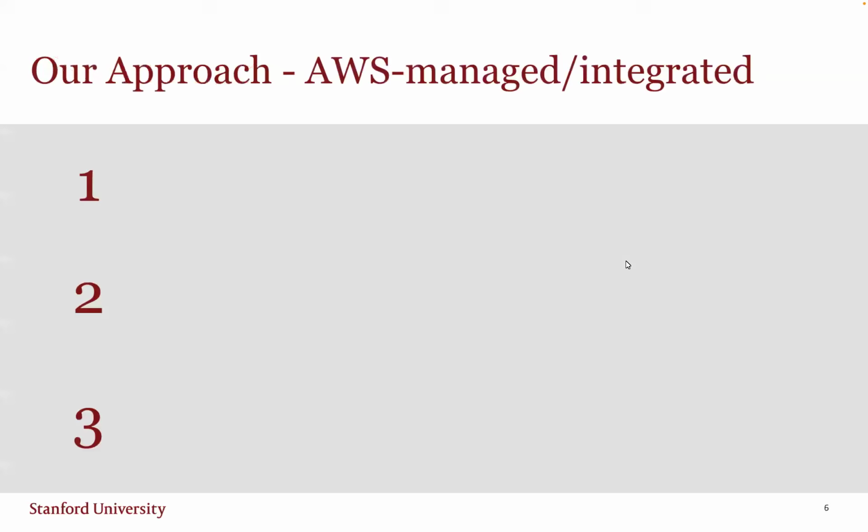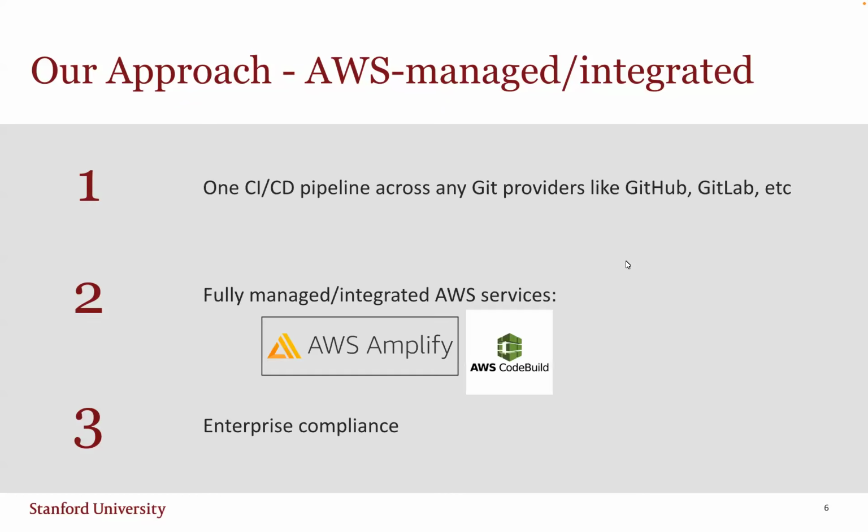Yes. So what we are doing about this, our team's approach is, okay, let's go with AWS, and anything AWS managed or integrated, let's embrace them. So you can actually build one CI/CD pipeline, which can be used across any Git provider like GitHub, GitLab, Bitbucket, or you name it.